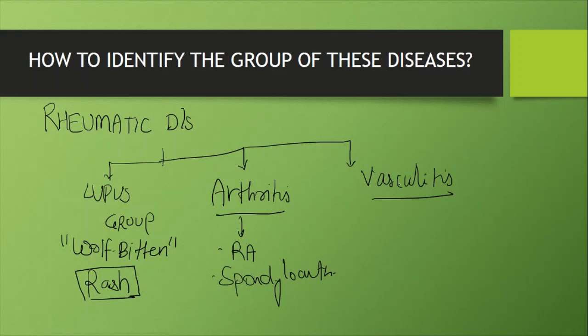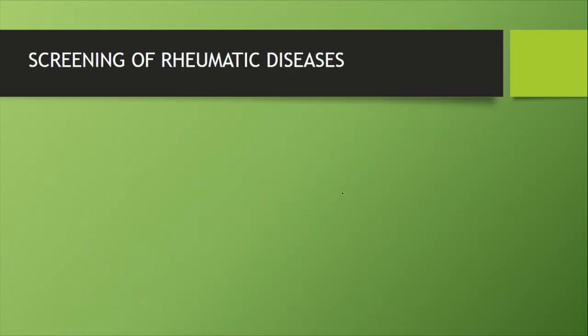So when you know that it is possibly a case of rheumatic disease, it could either be predominantly a rash, or predominantly arthritis, or predominantly a vascular disease. This is how you are going to classify a specific disease. Now, what is going to be your approach towards the disease? The first thing you already know is that this is a rheumatic disease.